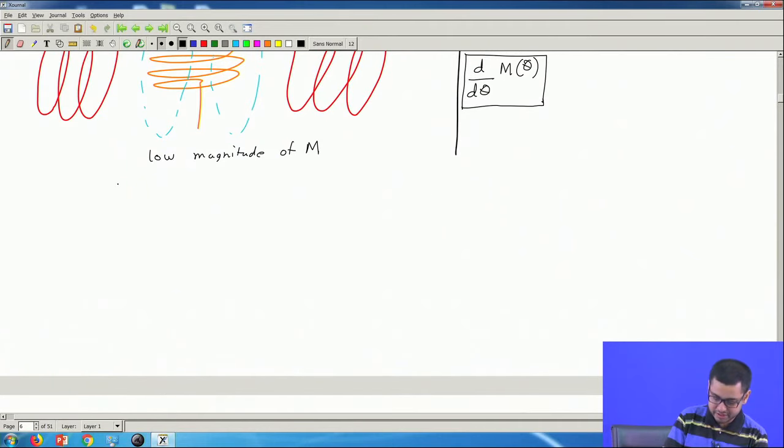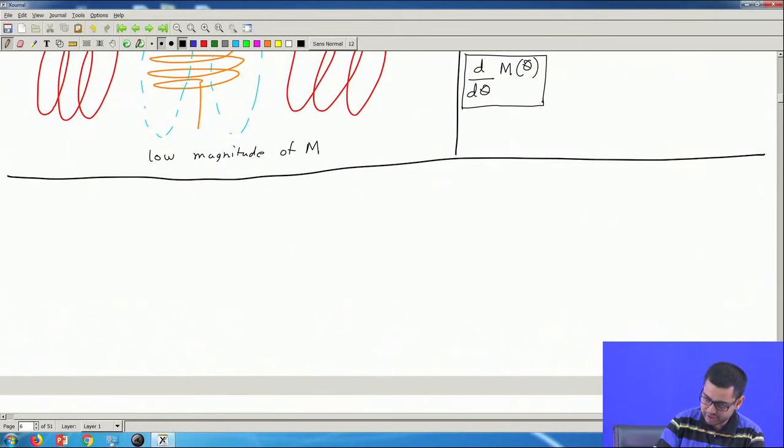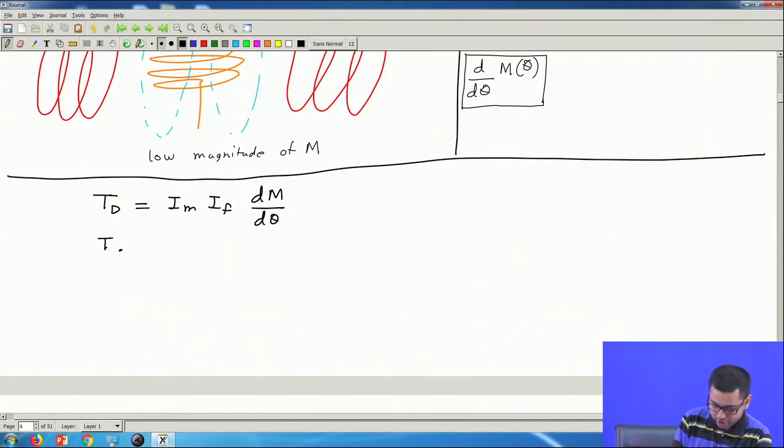And then, let me conclude this by discussing the equilibrium condition. So, Td, the deflecting torque, the torque that tries to deflect or turn the coil, is given as Im If dM d theta. The controlling torque Tc given by the spring is again according to Hooke's law k multiplied by theta, and therefore, at equilibrium these two torques are the same.